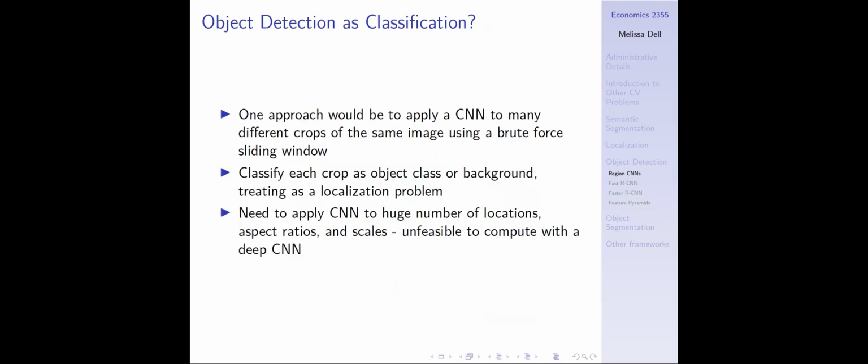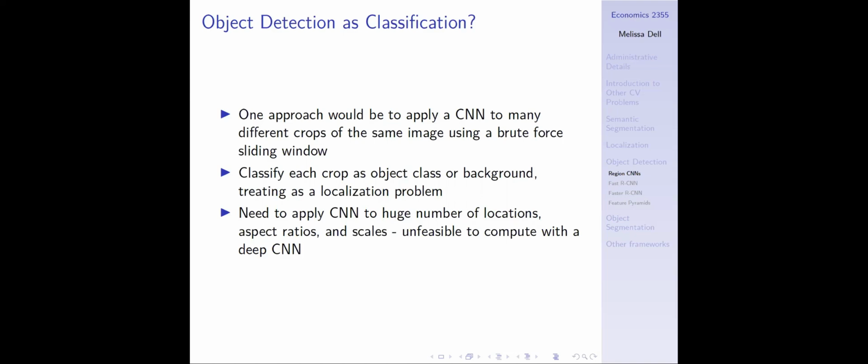One naive approach would be to apply a CNN to many different crops of the same image using a brute force sliding window. This is the same thing we talked about with semantic segmentation. And we said the problem is that's too expensive computationally if you're using a CNN.